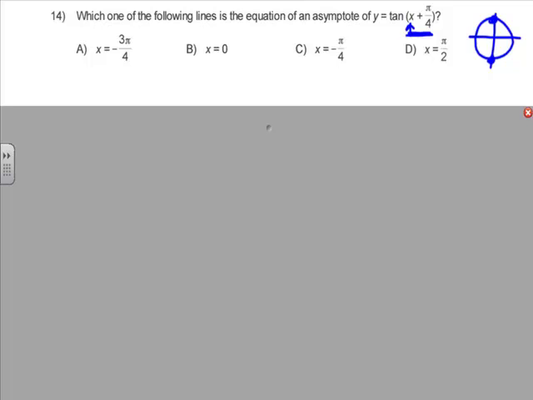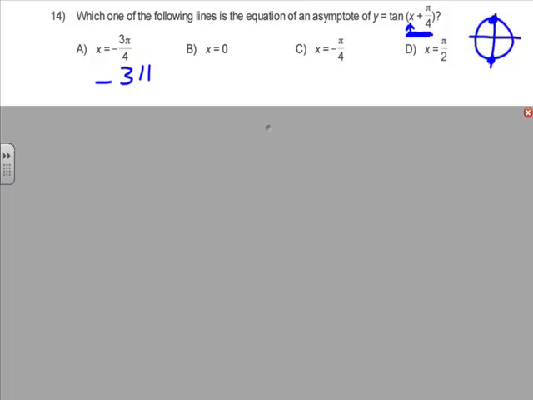And so really the question is, what would cause this to go to pi over 2 would be my first place. And so if I take pi over 4 and I add pi over 4, that's where I would get to pi over 2, but I think maybe that's not what we're looking for here.